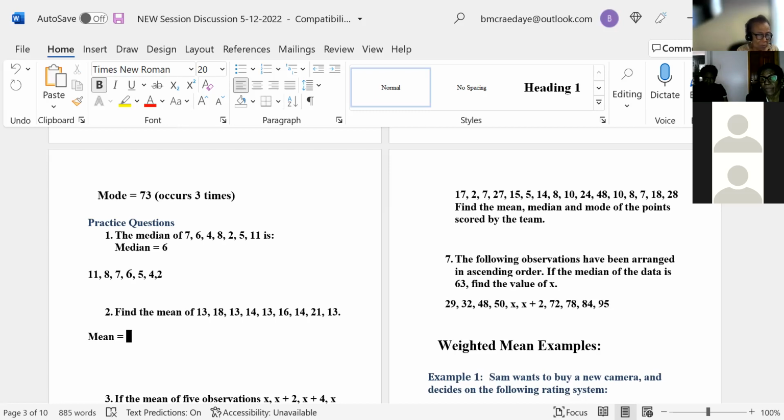When you added up those items, 3, 6, 9 items, what did you get for the total? I get 15.